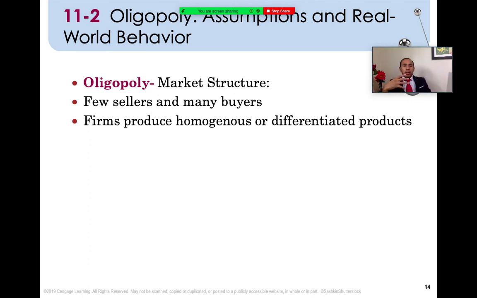In some rare situations, they are considered similar, homogeneous. So they could be highly differentiated or homogeneous, similar products, and we're going to use the similarity factor to see how that affects two firms that produce a similar good in the market.